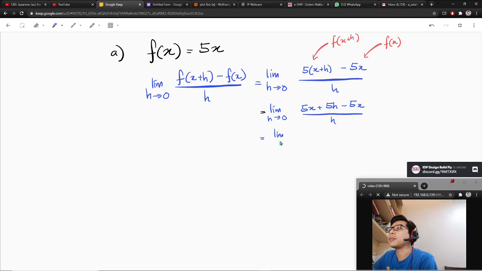Again, I'm going to write everything down here. This is good practice. 5x minus 5x, so that's 0. So I'm left with 5h divided by h. I can cross that out. So right now I'm left with the limit as h approaches 0 of 5.